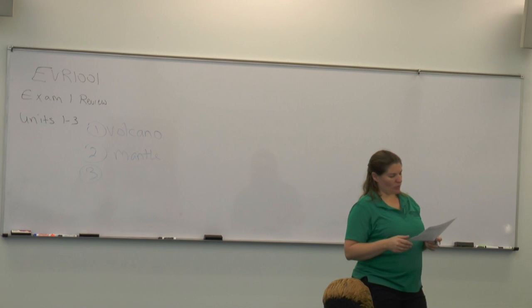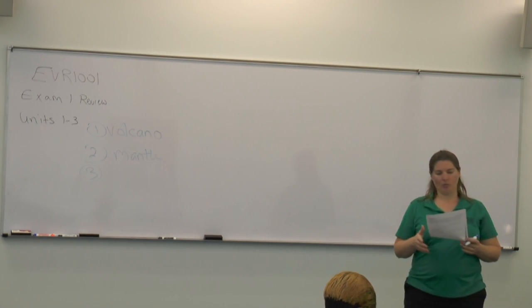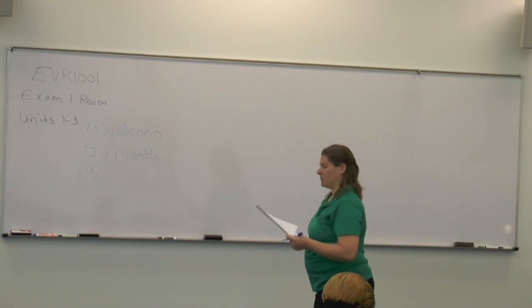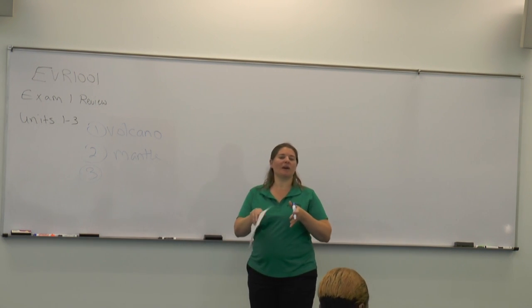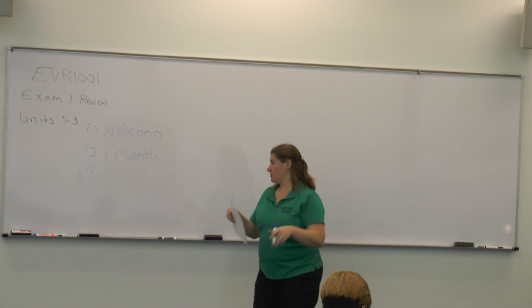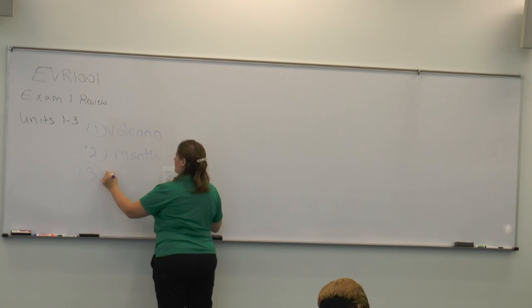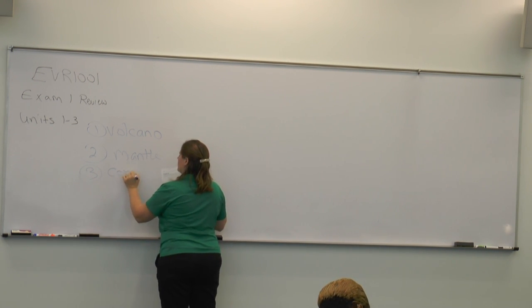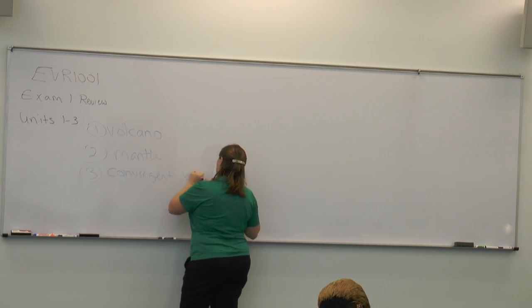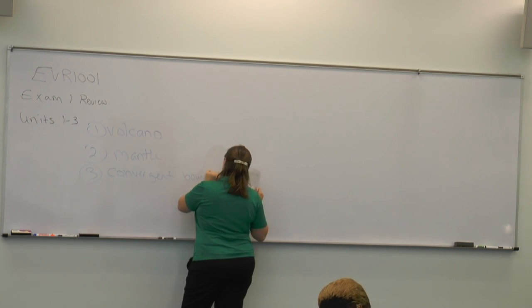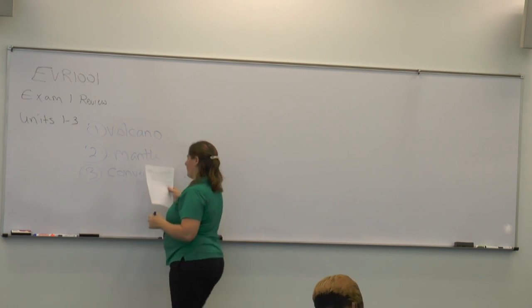And then number three, two plates pushed together to form what kind of a boundary? Well, transform is when they're sliding side by side. Convergent, that's right. Okay, so number three, two plates pushed together to form a convergent boundary.